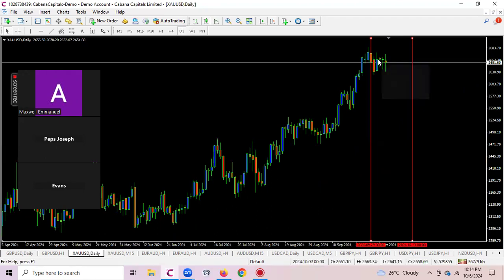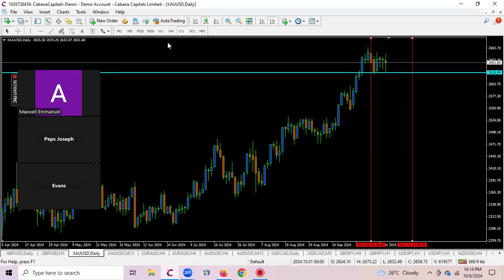So we have 1, 2, 3, 4, 5. Last week, this was the support for the market, and this was the resistance.